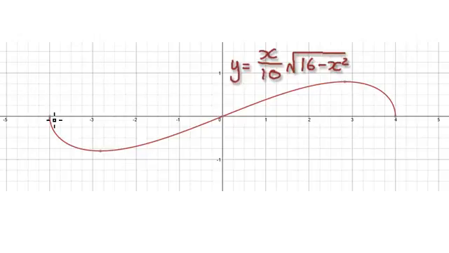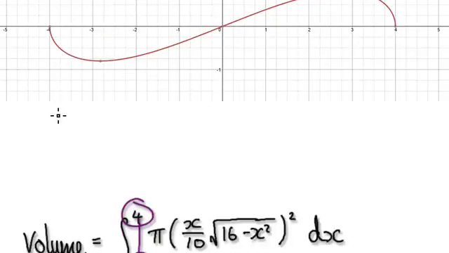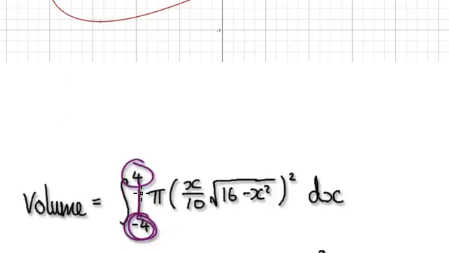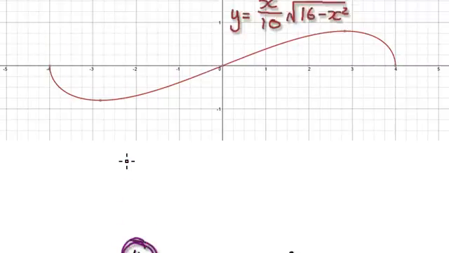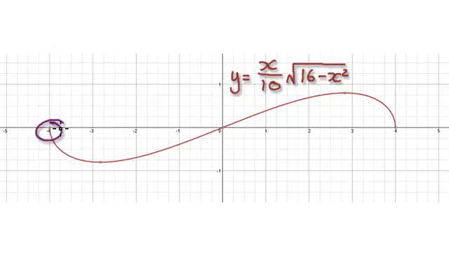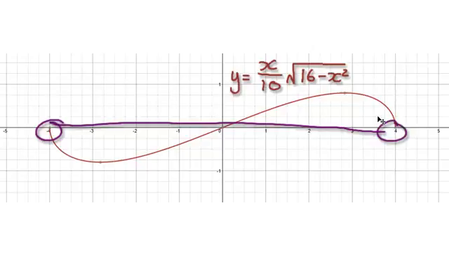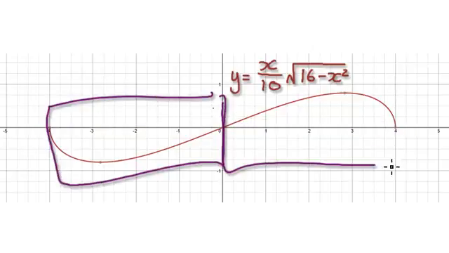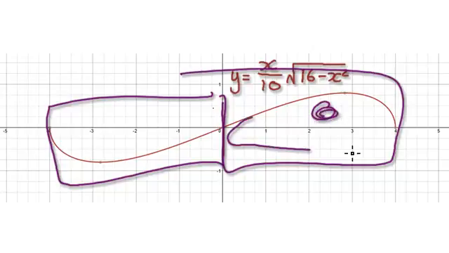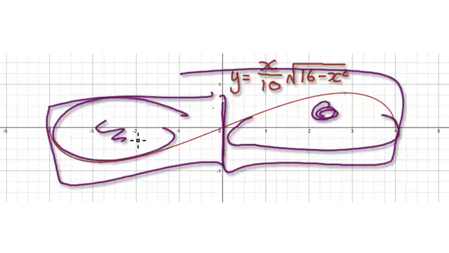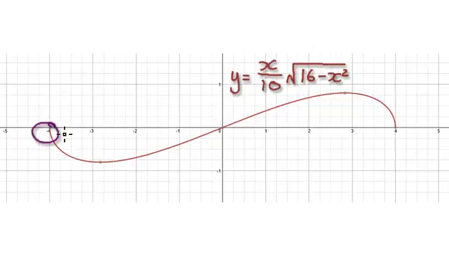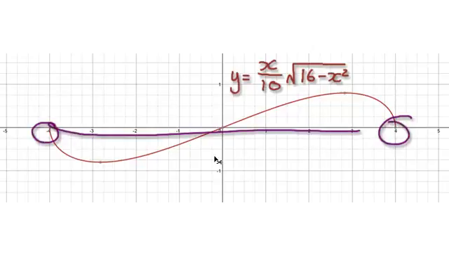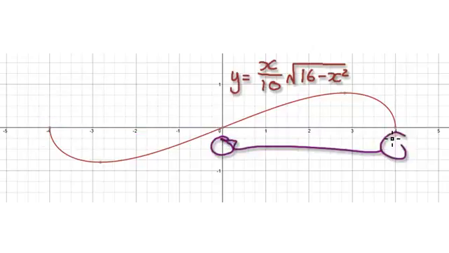To work out the volume of this, you basically have to integrate from -4 to 4. But because this is symmetrical, this volume here will be the same as this volume over here. Rather than integrating from -4 to 4, let's just integrate from 0 to 4.